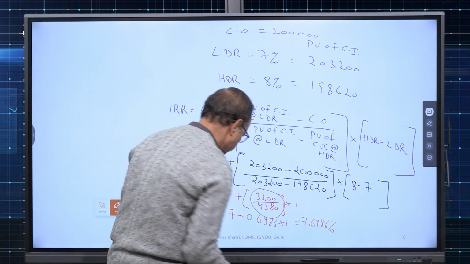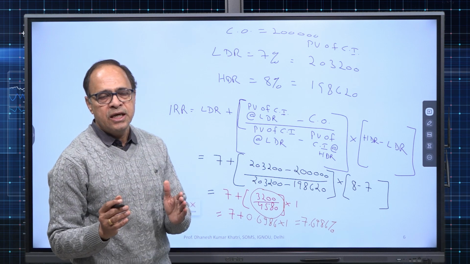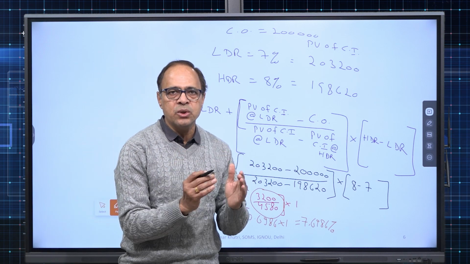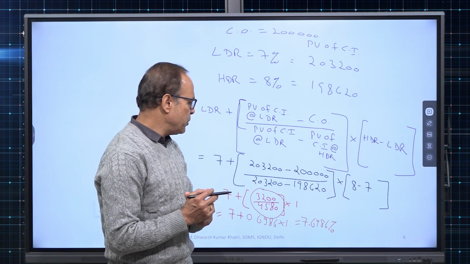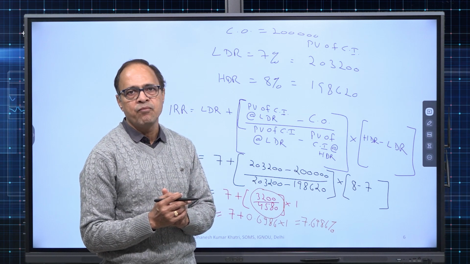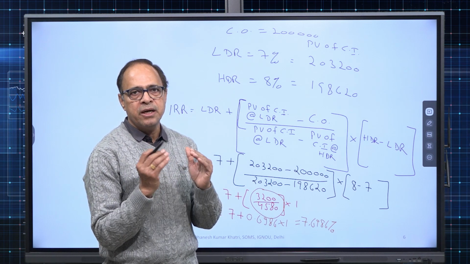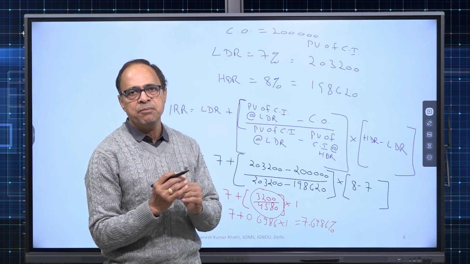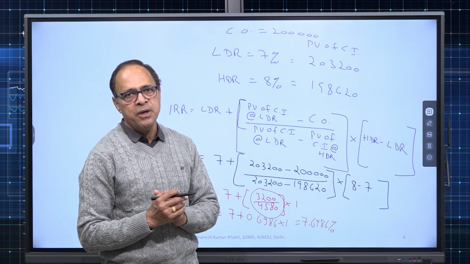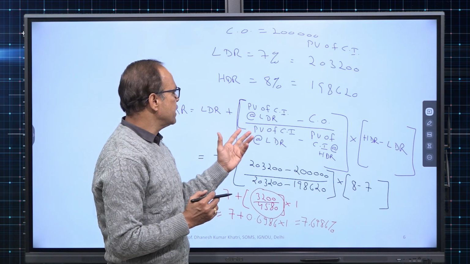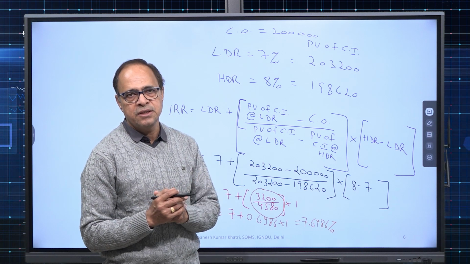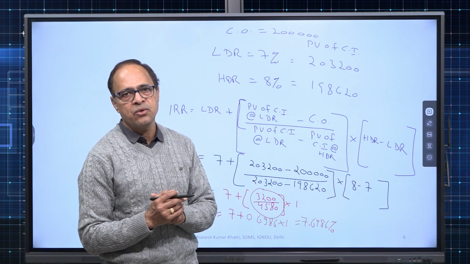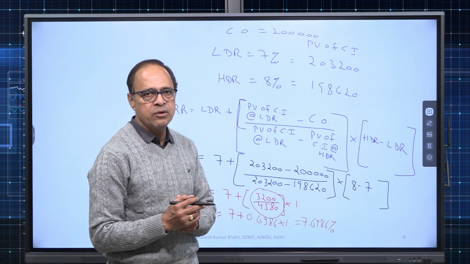That means to say, if 2 lakh is invested at 0 time in this project, the internal rate of return will be 7.7% approximately. That means you will be earning a return of 7.7% on your investment per year for the life of the project, which in this case is 4 years. Year on year return will be 7.7%.